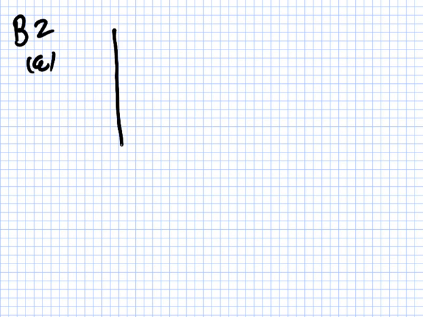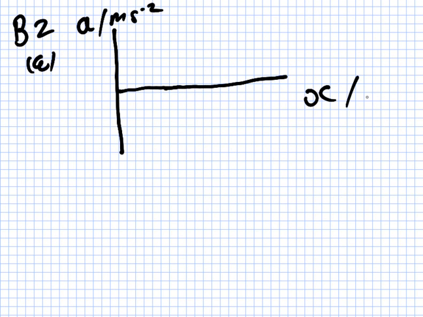Well, I think a graph actually could show it. If I put distance here and acceleration here, in meters per second squared, in meters, what will happen is if you increase the distance, the acceleration will increase.